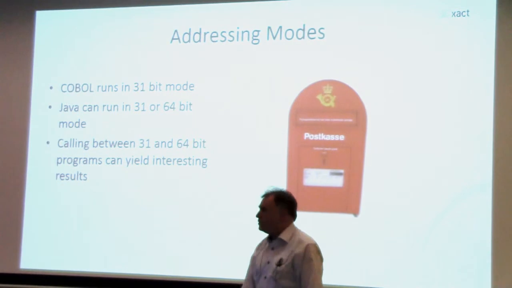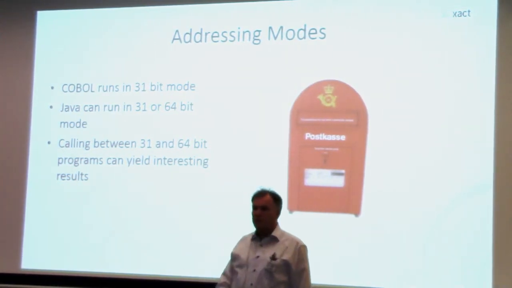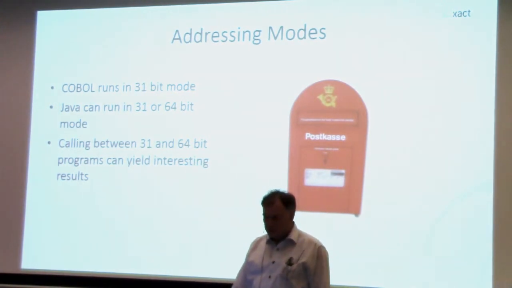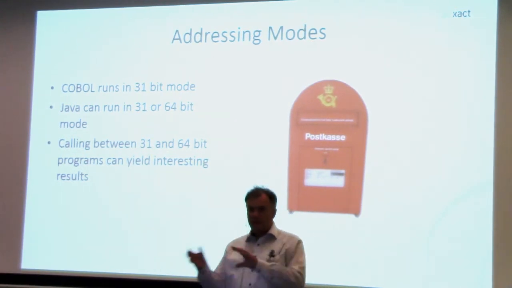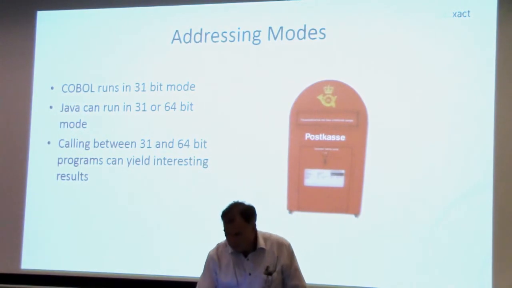So if you have Java programs running in 64-bit mode calling COBOL or PL/I programs in 31-bit, you might get interesting results. So when you're running mixed language applications, you need to run them in 31-bit.